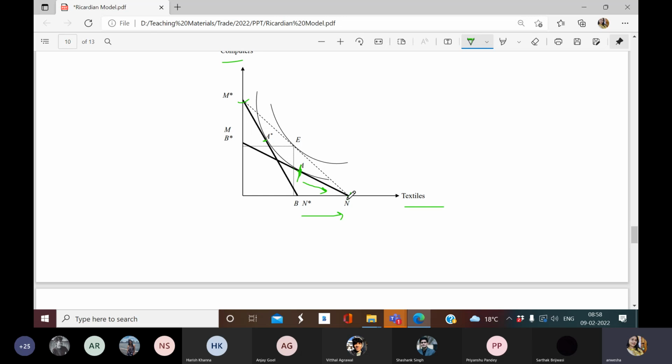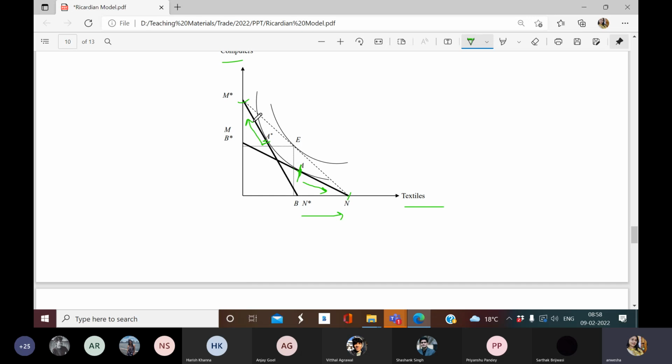Just the opposite happens in the foreign country. Foreign producers are getting a higher price of computers, so they will be moving from point A star towards point M star. For the foreign country, the PPF is M star N star. They will keep moving until all labor force and all resources are allocated to the comparative advantage sector.